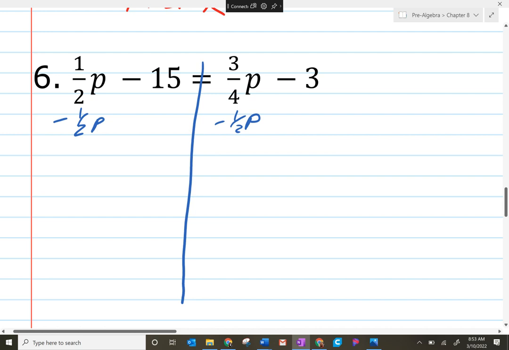Okay. Now, I'm going to write this kind of on the side just to remind you guys. If I had 3/4 minus 1/2, I can't subtract them right now because they don't have the same denominator. I could subtract them if they have the same denominator. So if the bottom number was 4, I could change it.